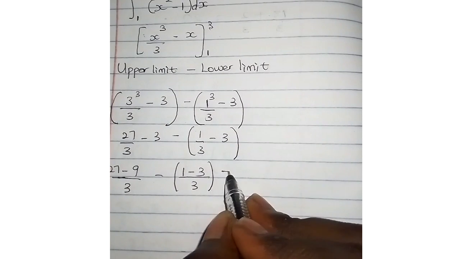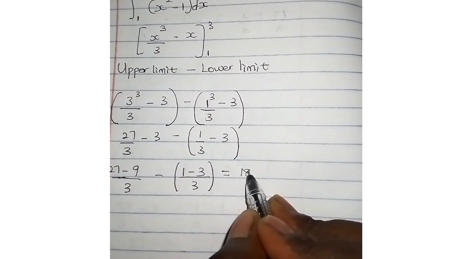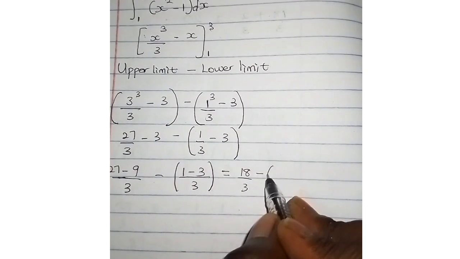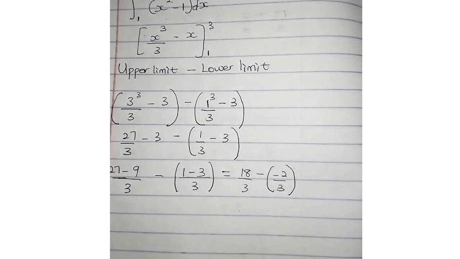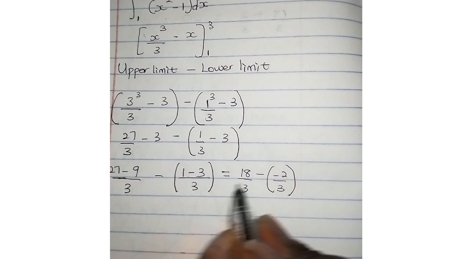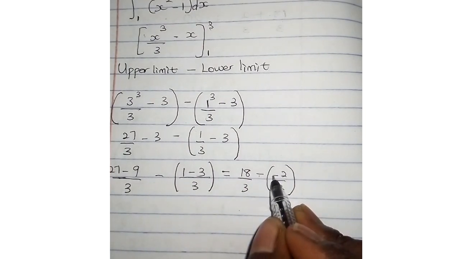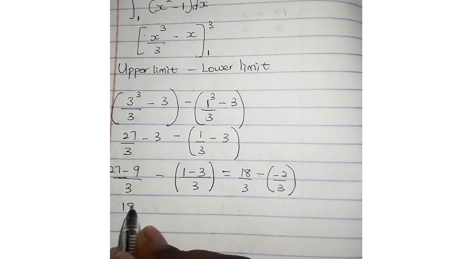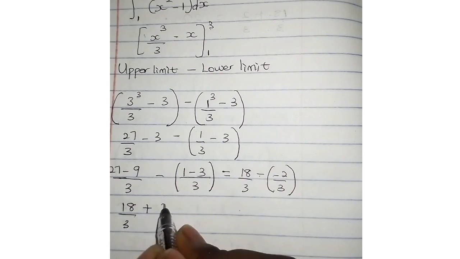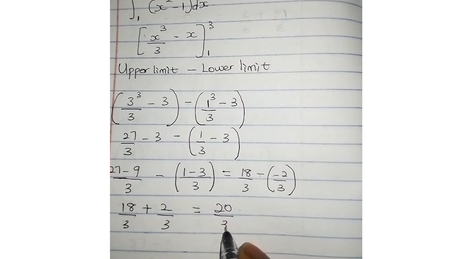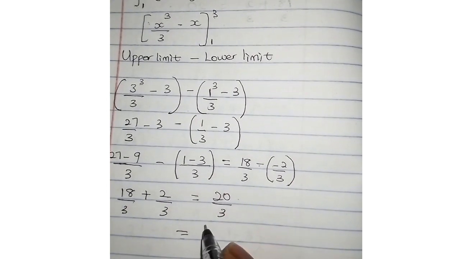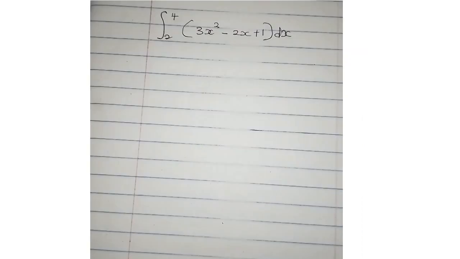So in this case we're going to have something like 18 over 3 subtracting minus 2 over 3. Minus multiply minus becomes plus, so we have 18 over 3 plus 2 over 3, which gives us 20 over 3, giving us the mixed number 6 2 over 3.